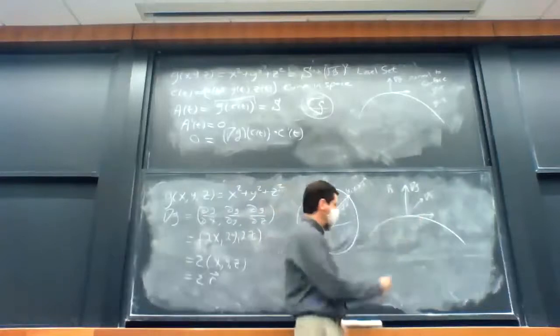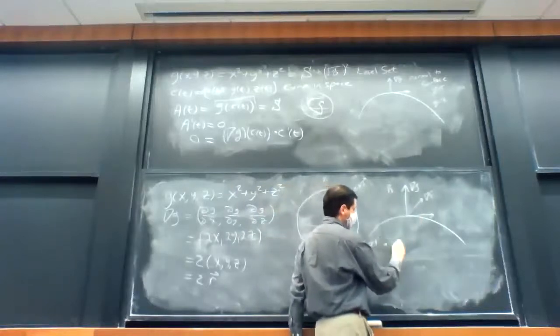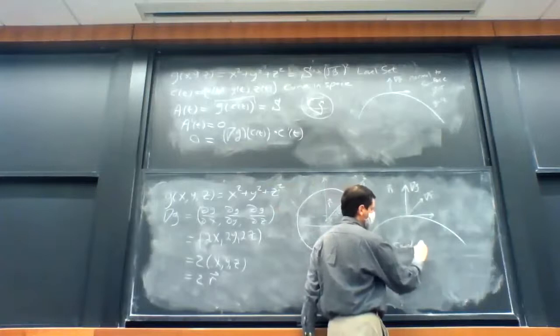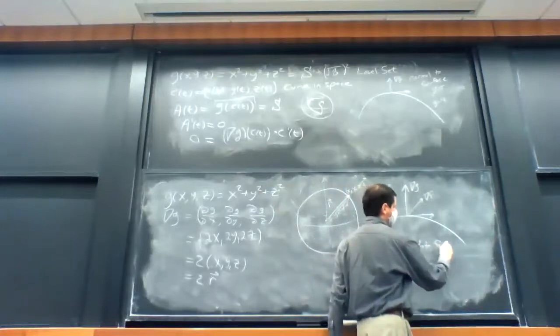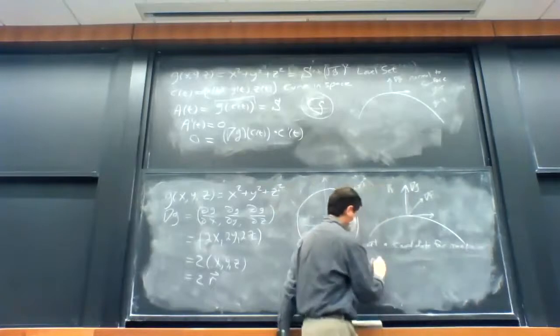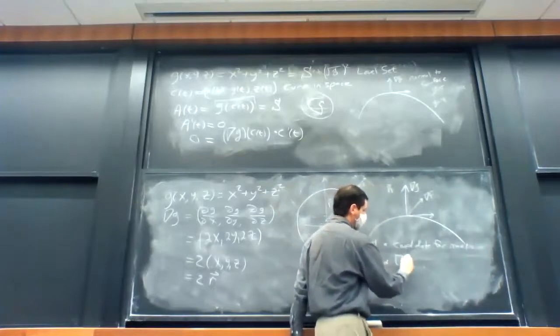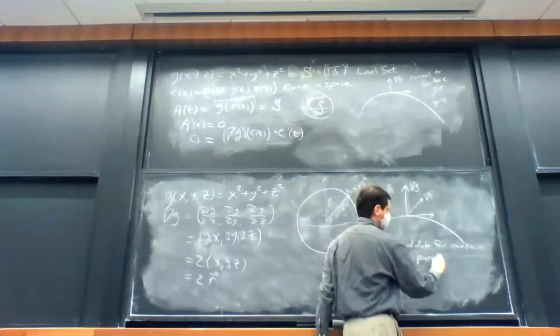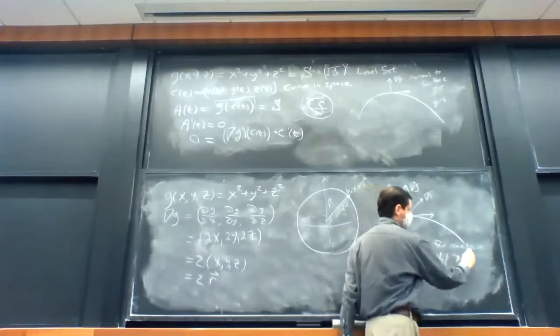To be a critical point, as a candidate for a maximum, we need the gradient of f parallel to the gradient of g.